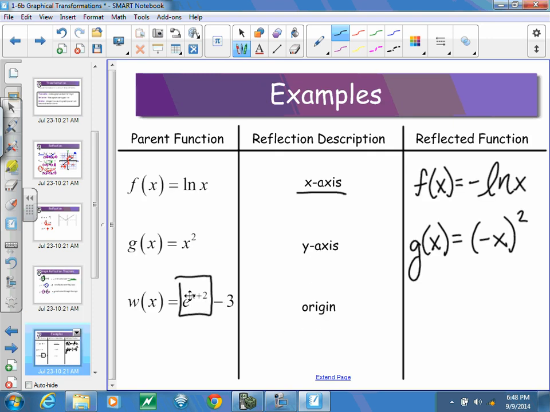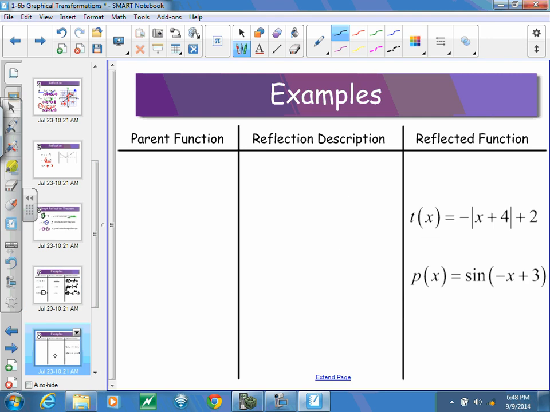So we have to do both inside and outside change. So our function w of x is going to become negative e to the power of negative x plus 2, and then all of that being subtracted by 3. So I have both inside and outside change that are taking place with the function w of x.